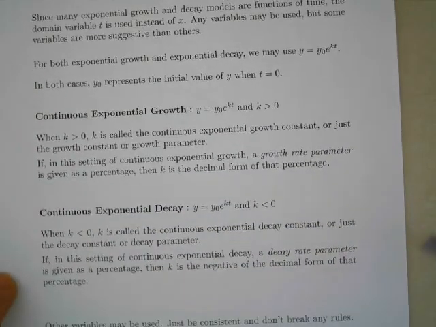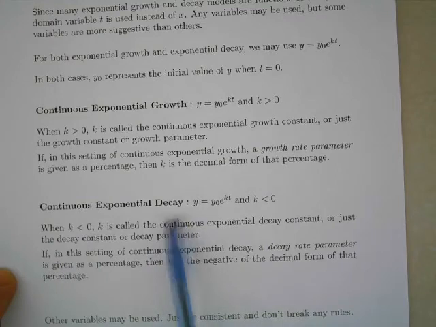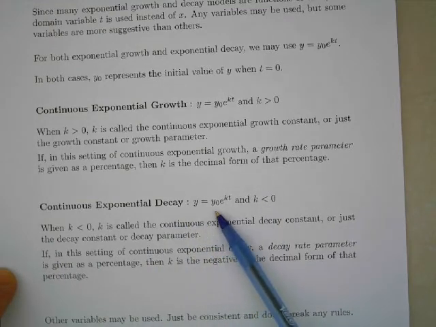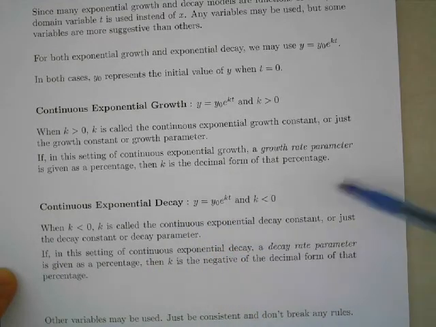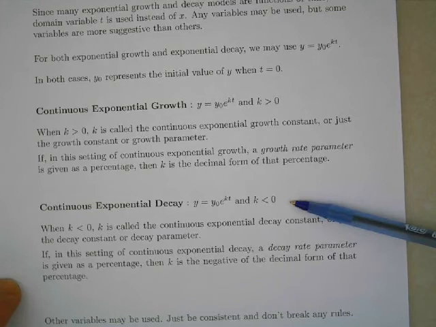And then analogously, we'll discuss continuous exponential decay. If y equals y sub 0 times e to the kt, k must be negative or less than 0 if it's exponential decay.